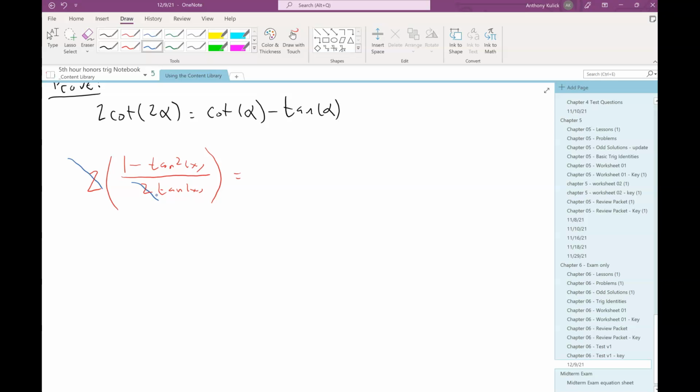Now, if I look at the right-hand side, I have two separate things, right? I have cotangent minus tangent. So what I think I would want to do is rewrite this single fraction as two fractions with the same denominator. So I can write 1 minus tangent squared x all over tangent x as 1 over tangent x minus tangent squared over tangent x.